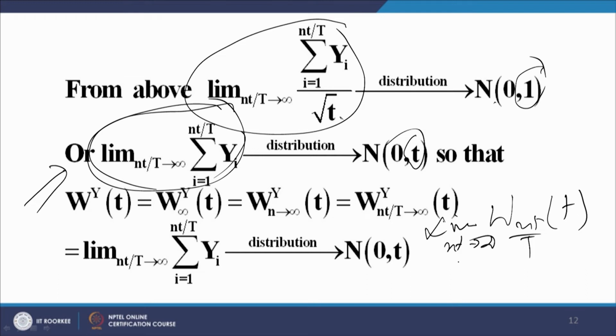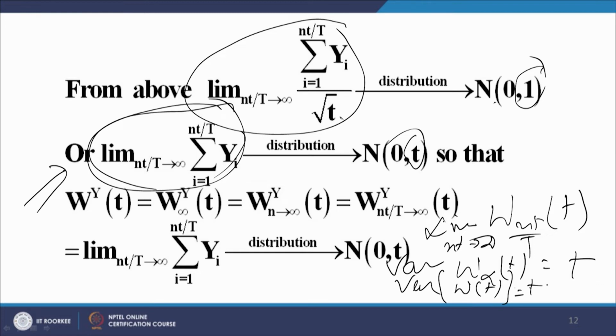I can simplify this and write it as W infinity of t, the variance of this expression is equal to small t. I can drop out the infinity because it is understood, and I can then write that W t has a variance of, let me write down variance here, variance of W t is equal to small t.